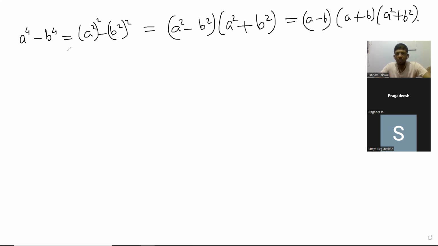But then the issue with this is that this looks very different from the other factorizations. So in what way? I mean, this is like the best thing because we've completely factorized it. But okay, let's see. How would we factorize this?